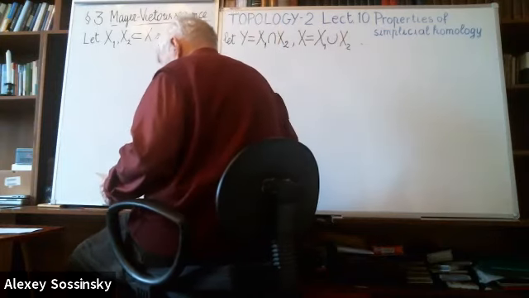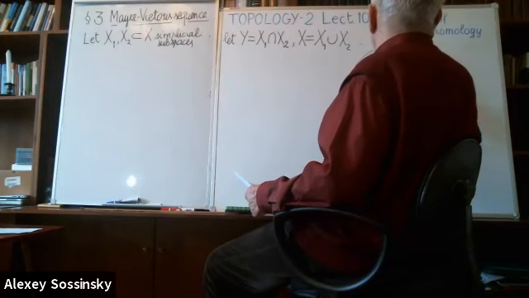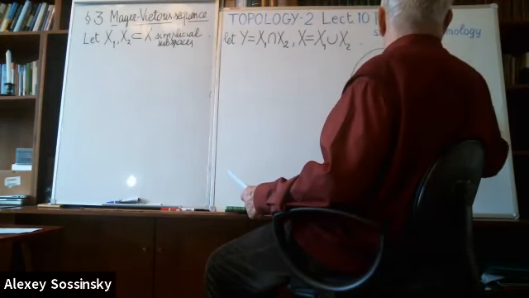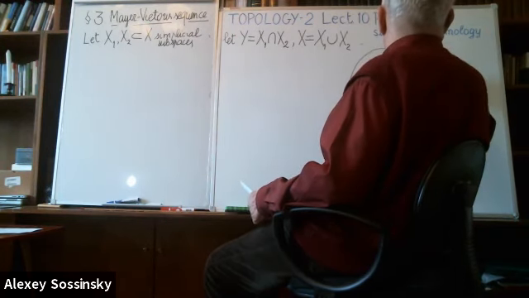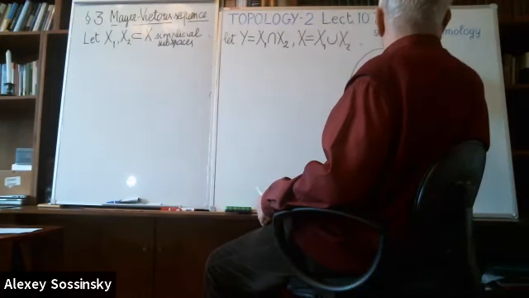So we have the following picture. We have this big fellow X. It consists of two parts, X1 and X2, whose intersection is Y.